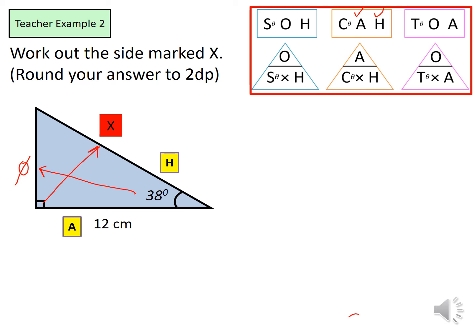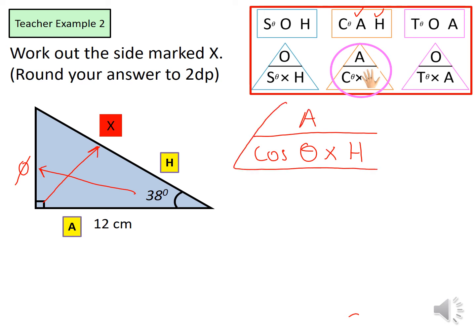What we're trying to find out is the hypotenuse, so we're going to cover that up. What you're going to write down is the following: cos theta times hypotenuse over adjacent. Make a trig formula. Now you cover up the one you're trying to find, which is your hypotenuse. You're left with adjacent over cos theta, or angle.